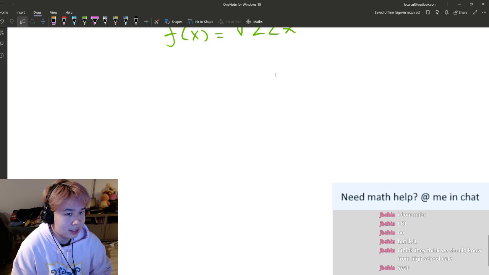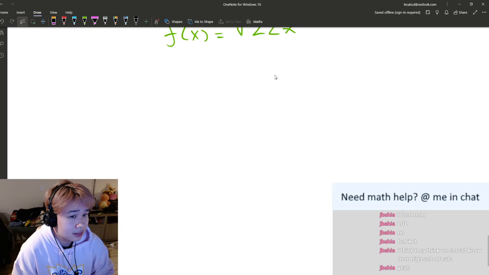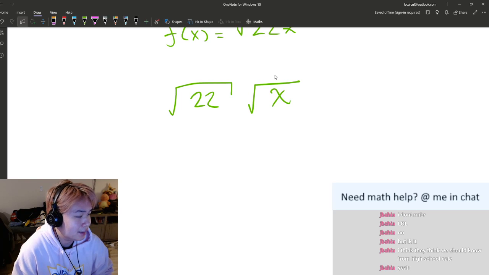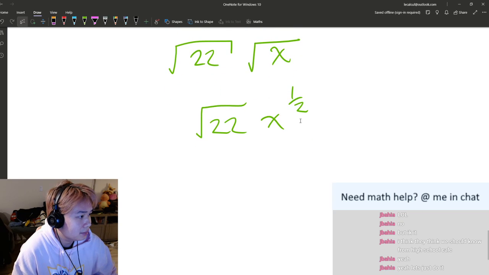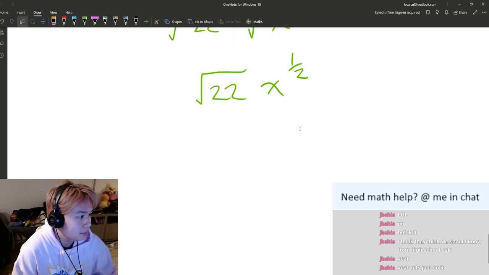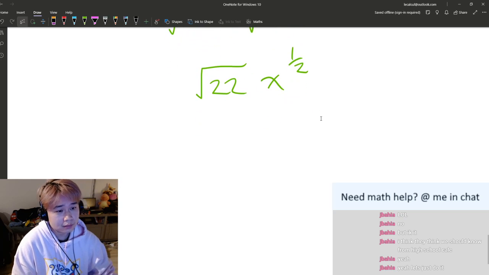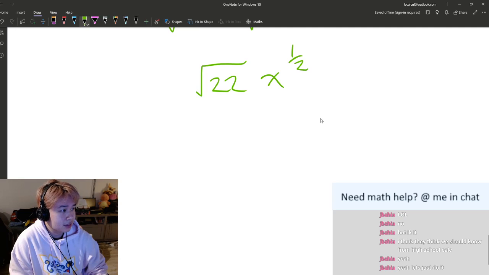Because like, if you just want to do it, then it's easy. Because square root 22x is just root 22 times root x. Root x you write as an exponent. And then you just, you know, do the exponent stuff. So you bring down the 1/2.